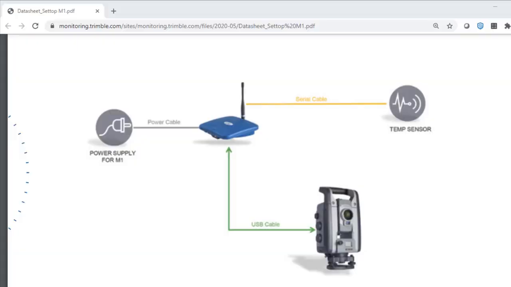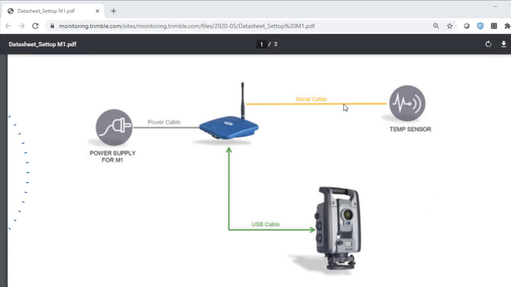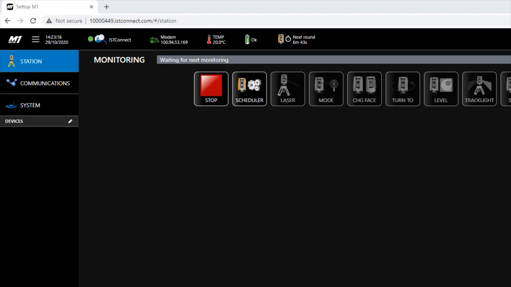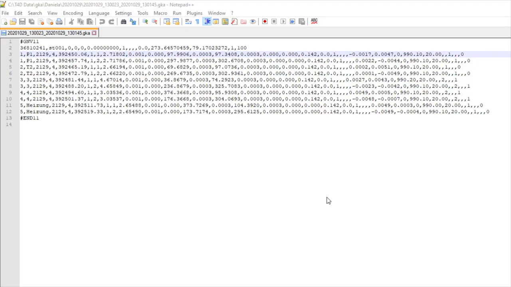If you are using the recommended workflow where the setup M1 controls the total station, you also have a temperature sensor connected via a serial cable to the setup M1. The setup M1 reads the current temperature and stores it in the measurement file, the GKA file.